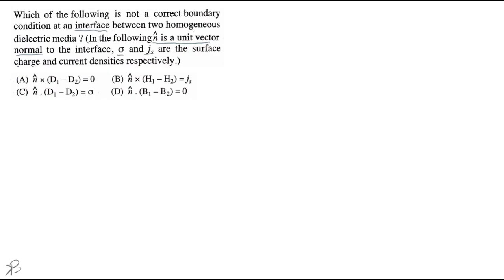We know that when the boundary is between two dielectric media, the tangential component of electric field is continuous across the boundary, and the normal component of electric displacement is continuous across a charge free boundary only. So we know that D1n minus D2n will be sigma.